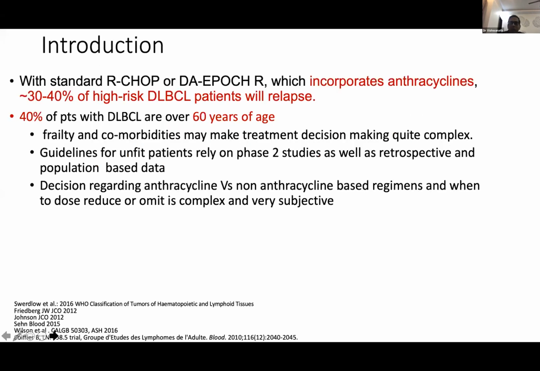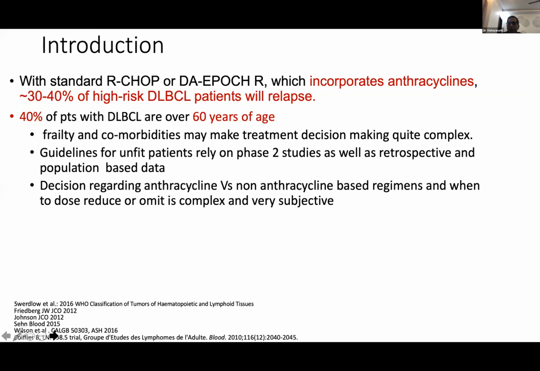With standard R-CHOP and the dose-adjusted EPOCH-R, we know that both of these regimens incorporate anthracyclines. There are 30 to 40% of patients with high-risk DLBCL who will relapse. And 40% of patients with DLBCL are elderly, over the age of 60 years. Frailty and comorbidities may make treatment decisions quite complex. Guidelines for unfit patients mainly rely on phase 2 studies, as well as retrospective and population-based data, so there is a paucity of randomized controlled trials.